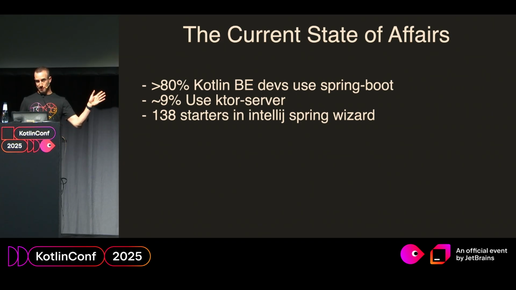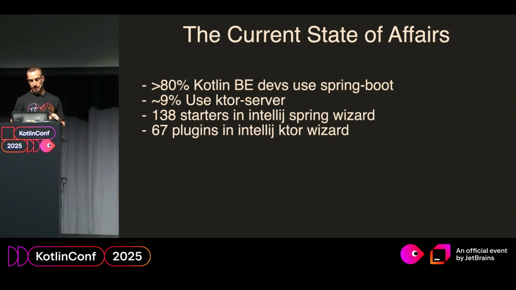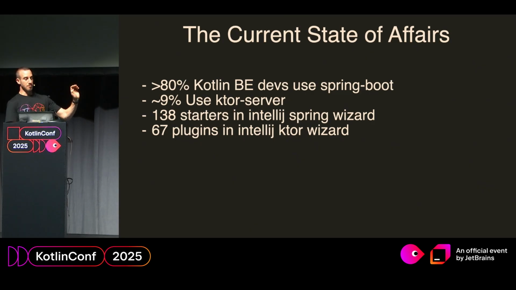I did a rough count of the number of Spring starters that are available just by counting in the IntelliJ project wizard. We have 138. For Ktor, we have 67, but I'm pretty sure that digging deeper into those numbers would show that there's actually a lot more in Spring and probably 67 plugins in Ktor.